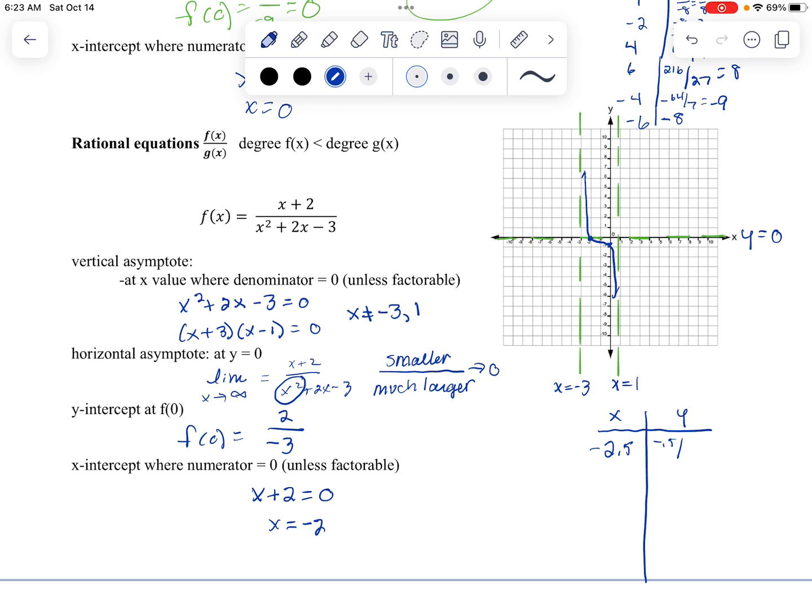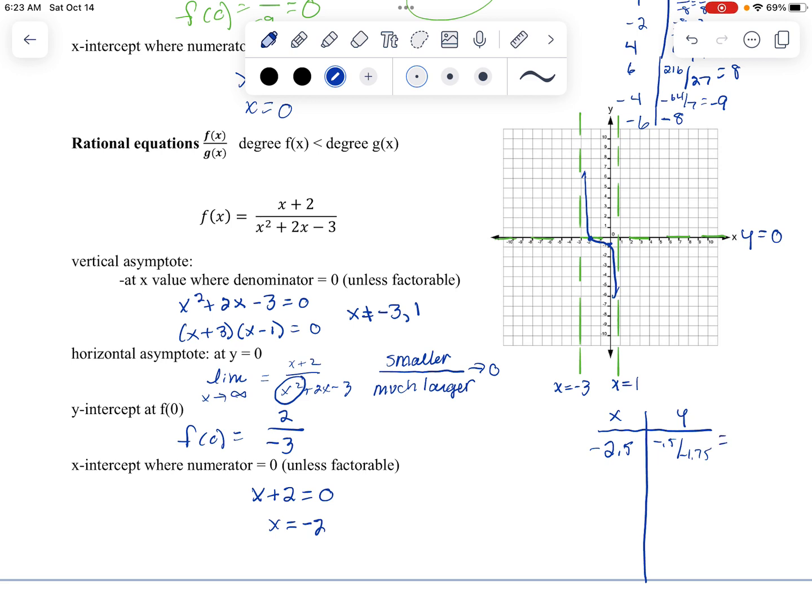gives me -1.75. Let me check that again. (-2.5) squared, 6.25, minus 2 times 2.5, minus 3. Yep, -1.75.